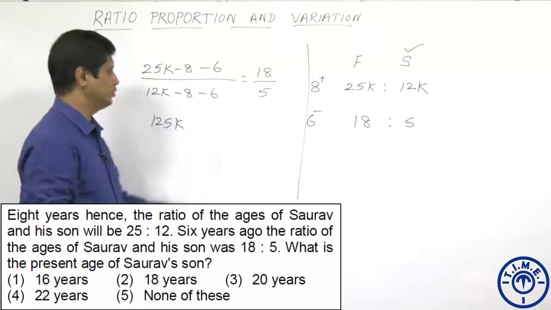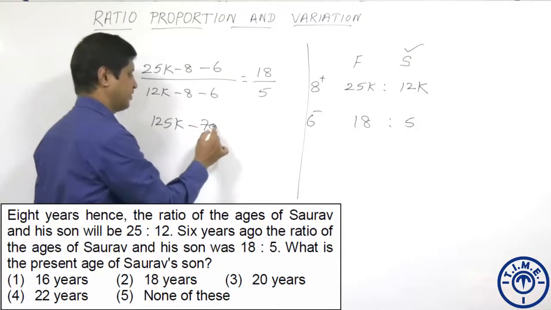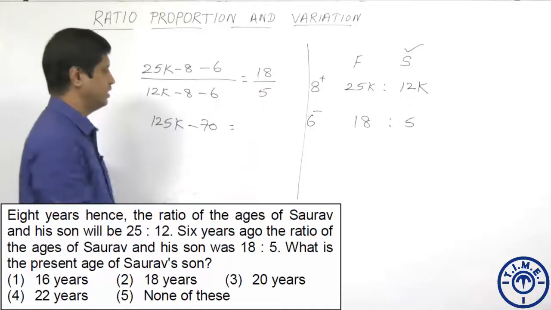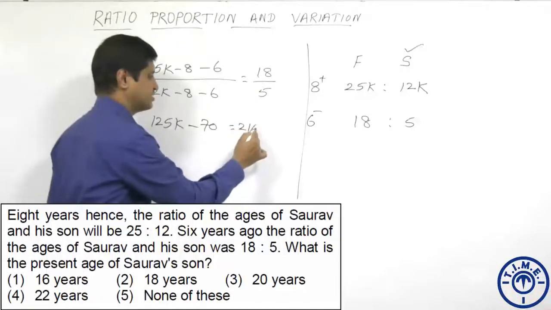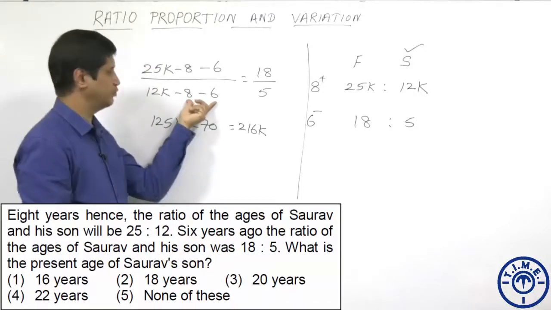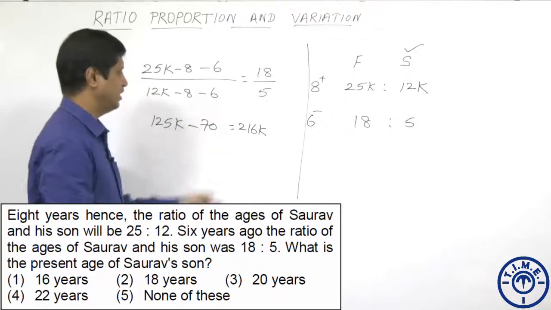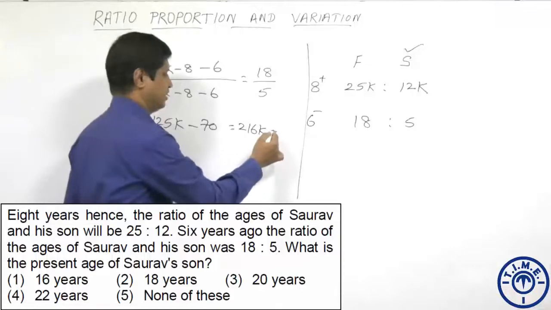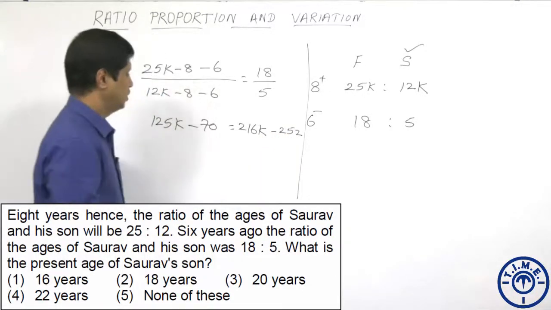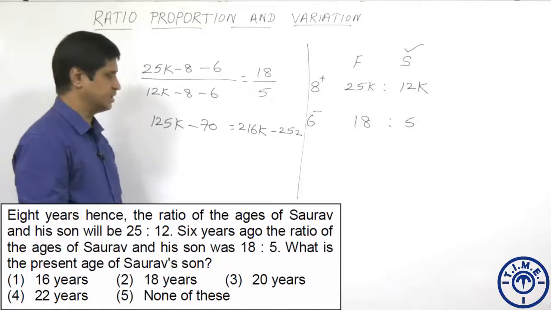Minus 14 into 7, minus 70. Now 12K into 18 is 216K. Now minus 8 minus 6 means minus 14, minus 14 into 18, is minus 252.